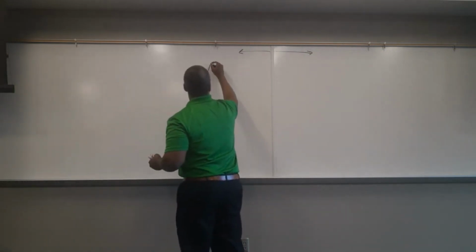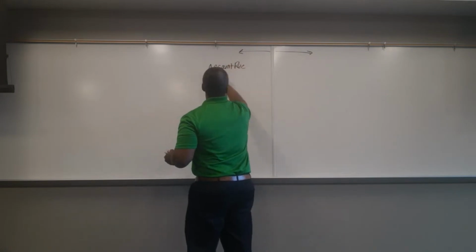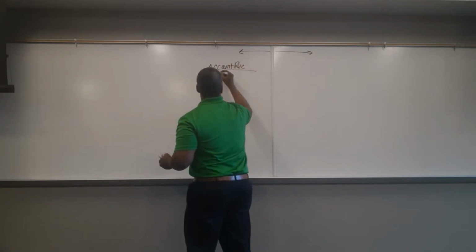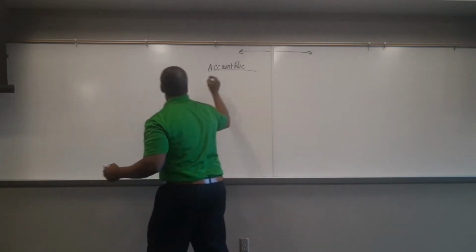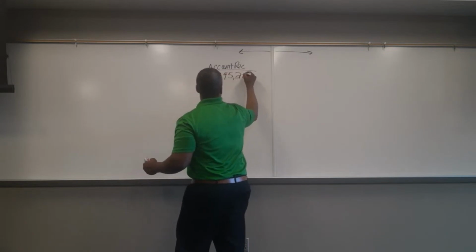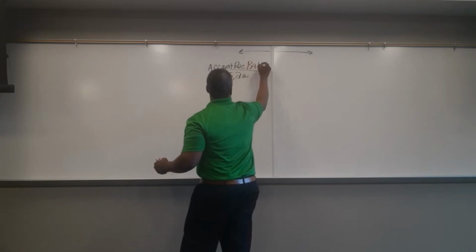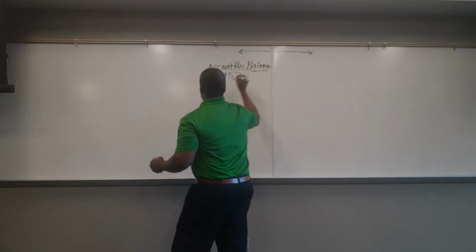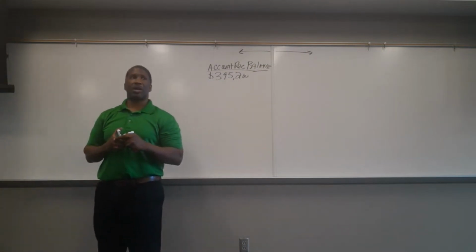So we have an accounts receivable balance of, I'm not going to debit or credit, I'm just going to write them out here, $395,200. This is my accounts receivable balance, okay? Now, we're estimating that 2% of this will become uncollectible.